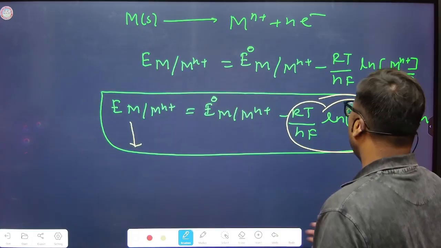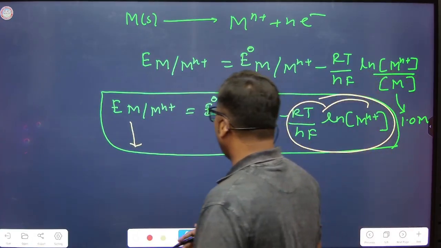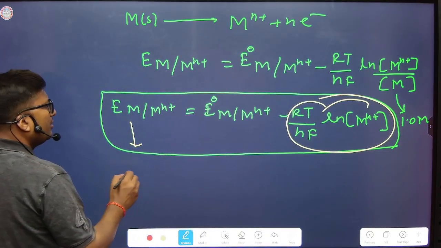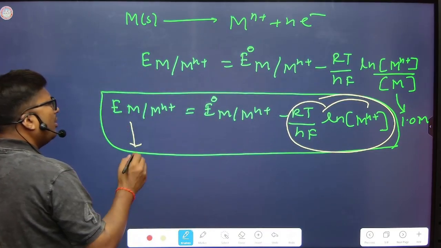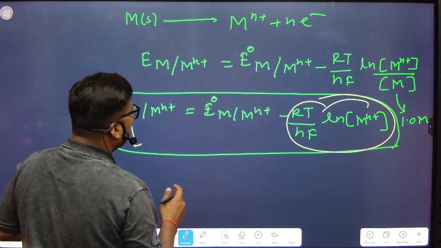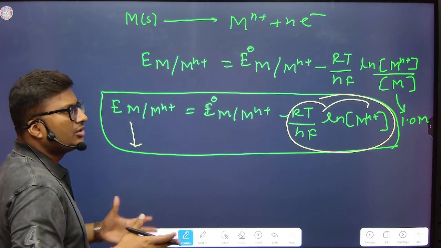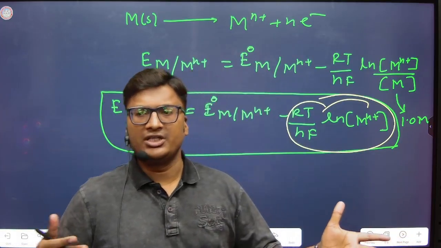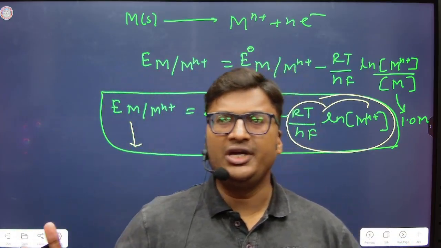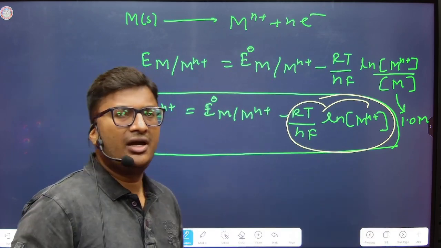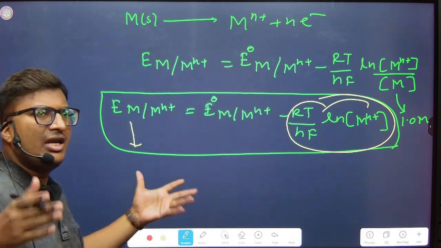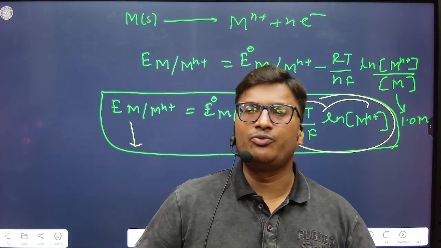As you know, if these two reactions are coupled or added to each other, then there will be a complete cell reaction, and hence you will get the cell potential or electromotive force.